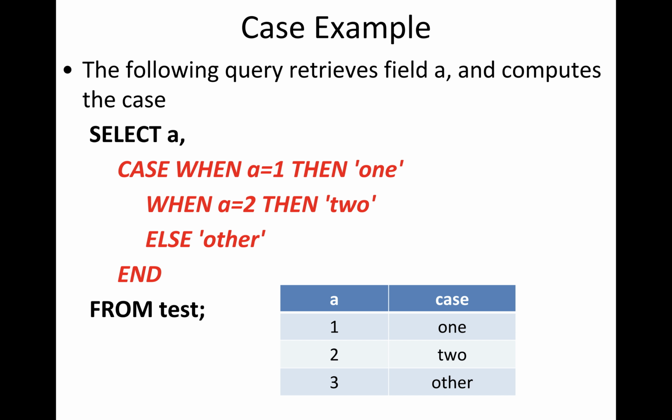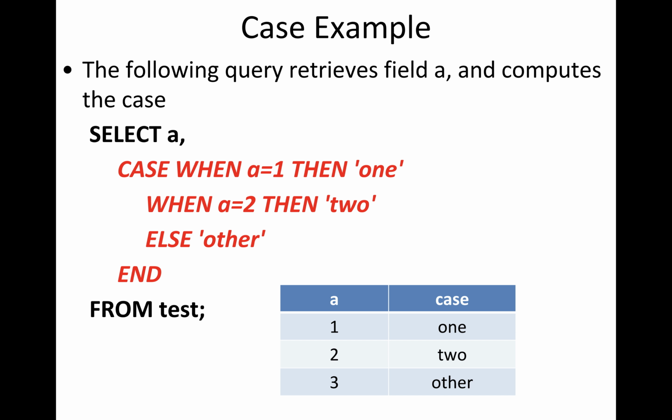We can use that table from a particular test table, and we want to select the field A, right? And A can only ever have just 1, 2, or 3.